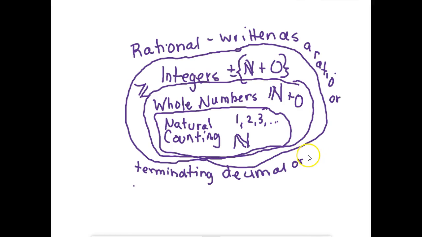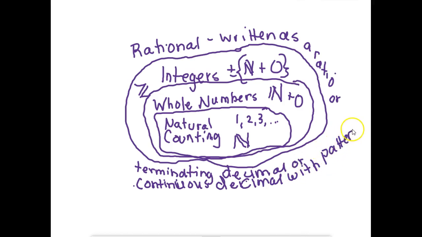That would be the case of a non-terminating decimal that is considered rational. So it's got a continuous decimal with a pattern. Alright, so this is kind of a mess, but you kind of get the idea.